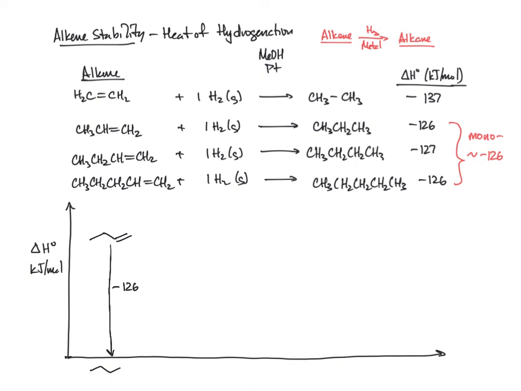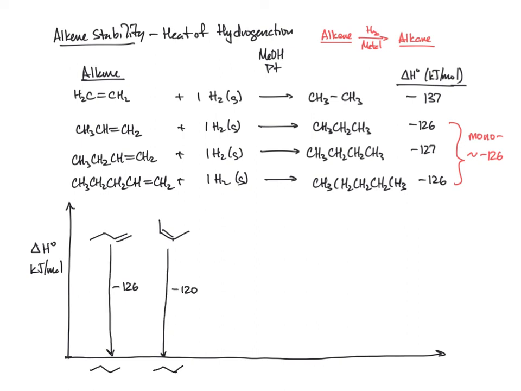So what I'm going to do now is compare that to, if we take cis-2-butene and we hydrogenate that, again, that's going to butane. This now evolves negative 120.